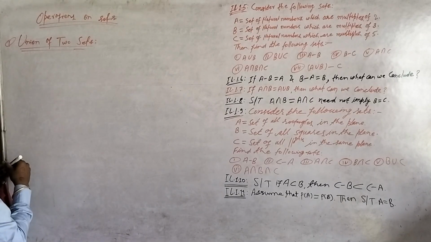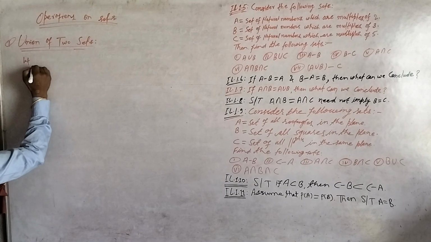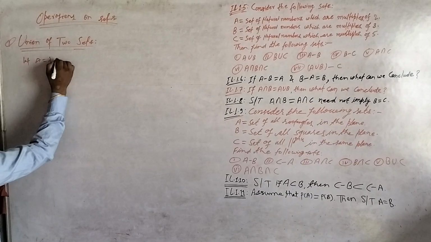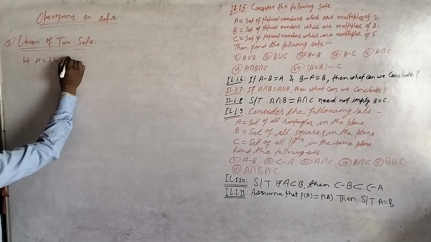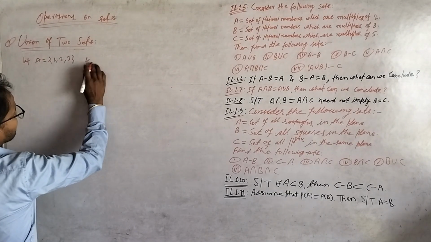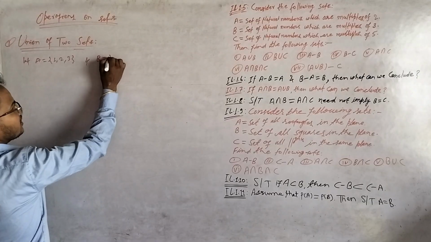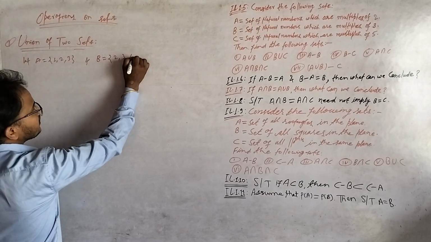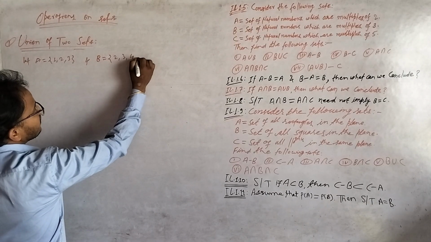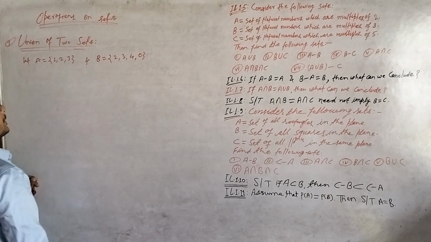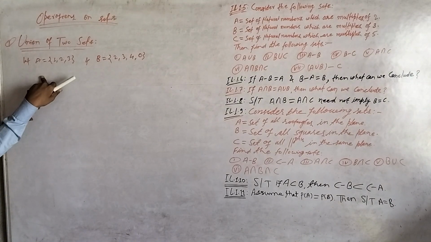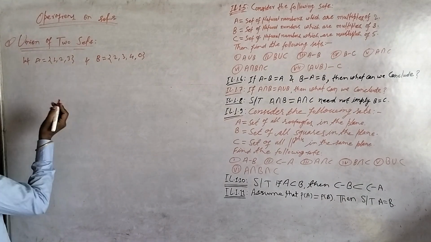Suppose A is a set with elements 1, 2, 3, and B is another set with elements 2, 3, 4, and 0 is also included. Now, how do we define A union B?